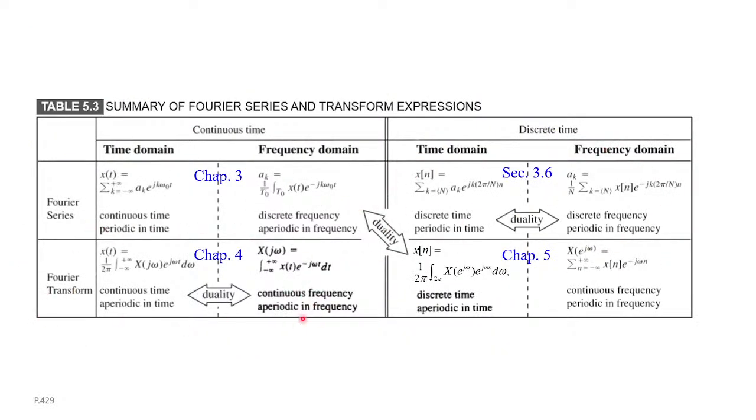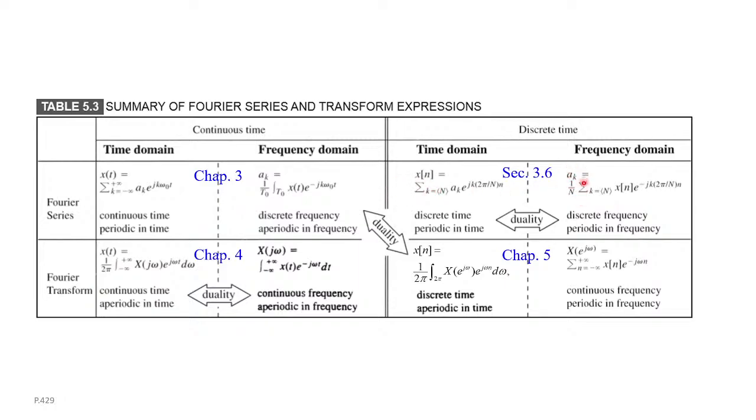In chapter 4, we talked about duality because this equation looks really like this equation, just with a minus sign and they swap x and big X. Similarly, this equation and this equation also look very similar. See, it's the same summation; you just have different normalization. It's not a big problem. So one over N here and no one over N here.